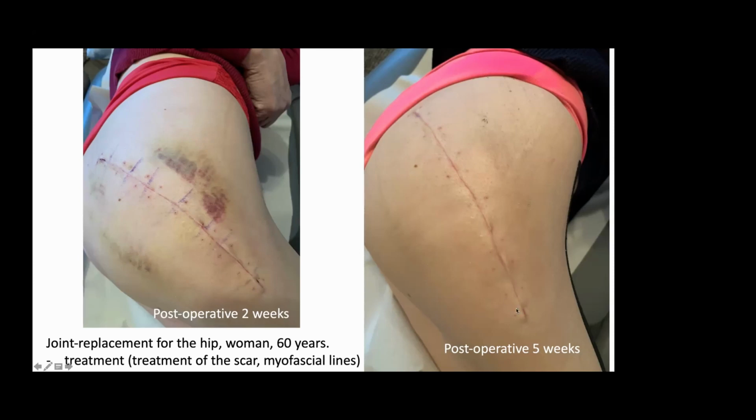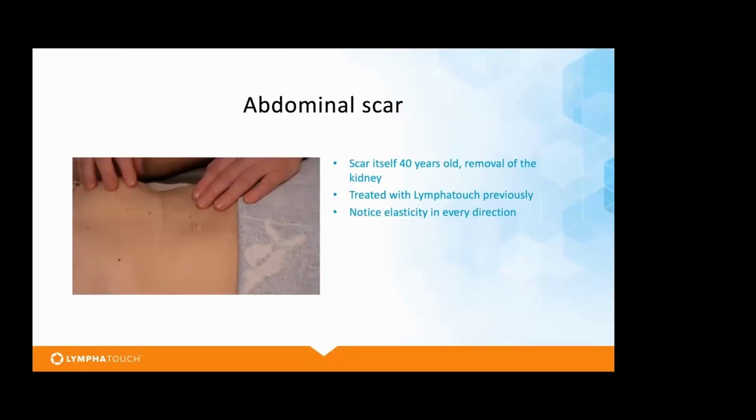Here you can see the same lady with the same leg, 5 weeks post-operative, and we did 2 treatments in between. I was using Lymphatouch and also taping techniques to get the swelling off. Okay, time flies, but I'm showing you the videos next.